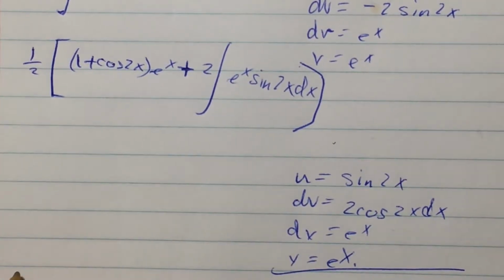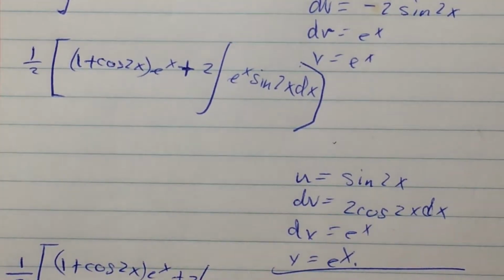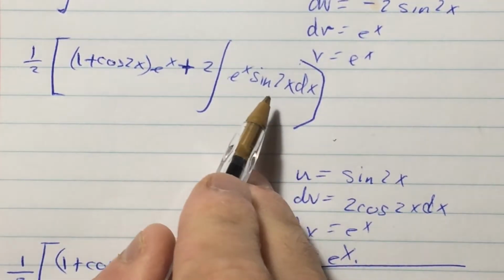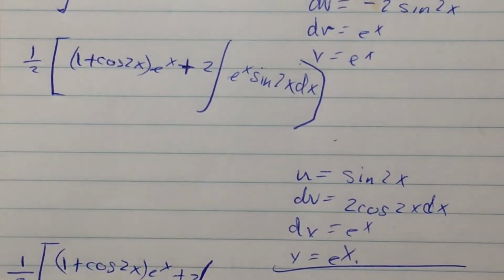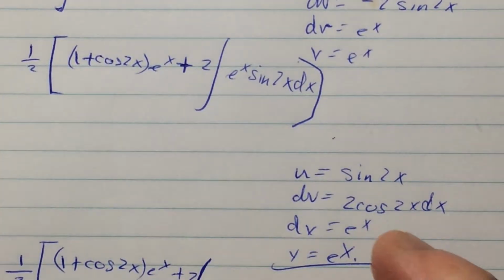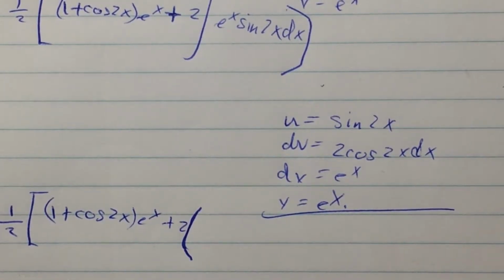So I know that this is going to be a pretty long expression, so I'm going to give myself some room. So I have the original expression that I have from before because I integrated this. And then I have plus 2. This 2 is factored out now. So now 2 times the expanded form of this integral, which is just uv minus the integral of v du.